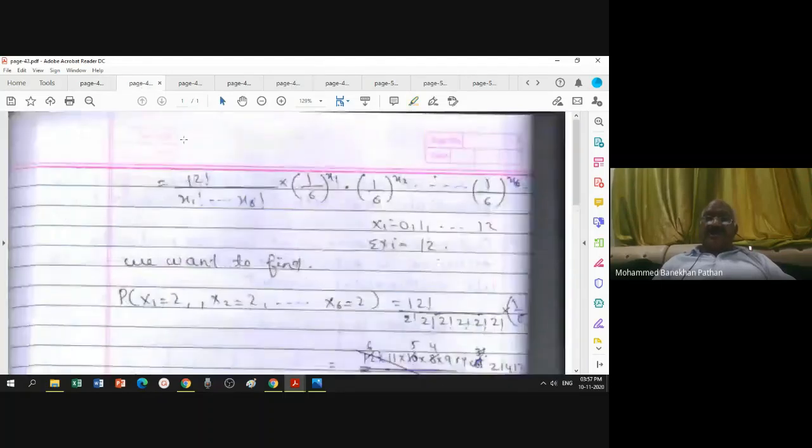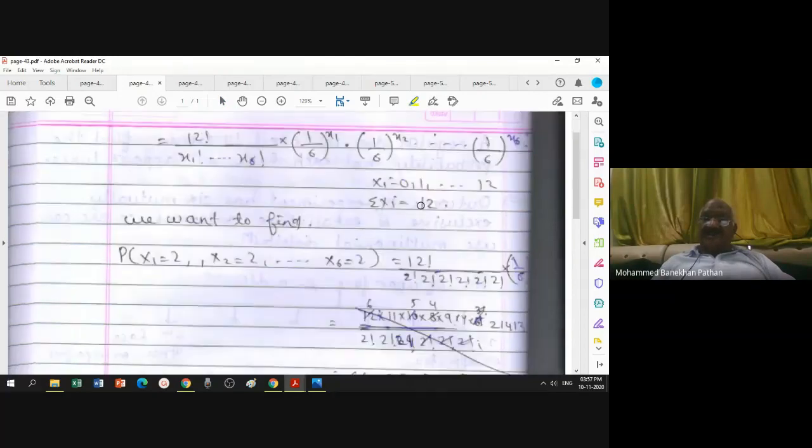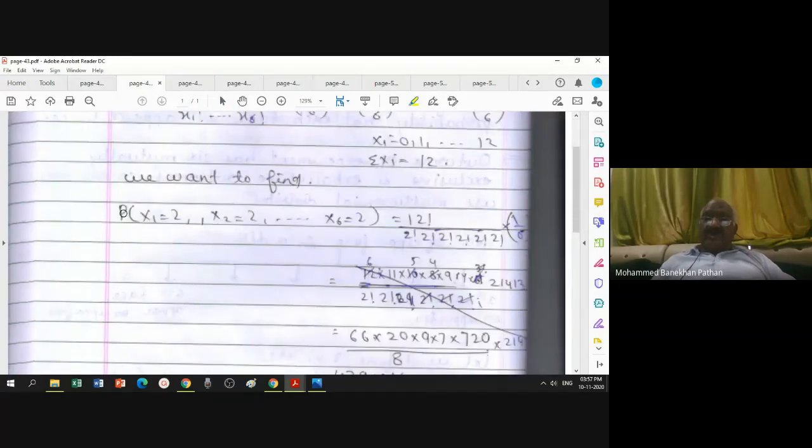So x1 takes value 2, x2 takes value 2, x6 takes value 2. I replace the values here and simplify this expression: probability x1 is 2, x2 is 2, so on, x6 is 2.